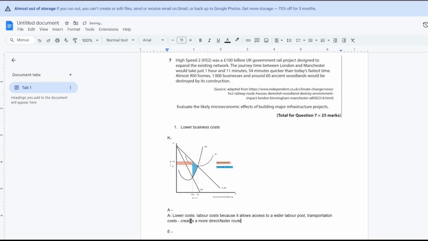So you get a reduction maybe in fuel costs, that sort of stuff for transportation. Other costs that this is going to potentially reduce, again, it depends maybe on the type of project. It could potentially give you access to more customers as well, but I want to focus mainly on the cost side of things. We can talk a little bit about demand as well if we want. That might be another factor in this.